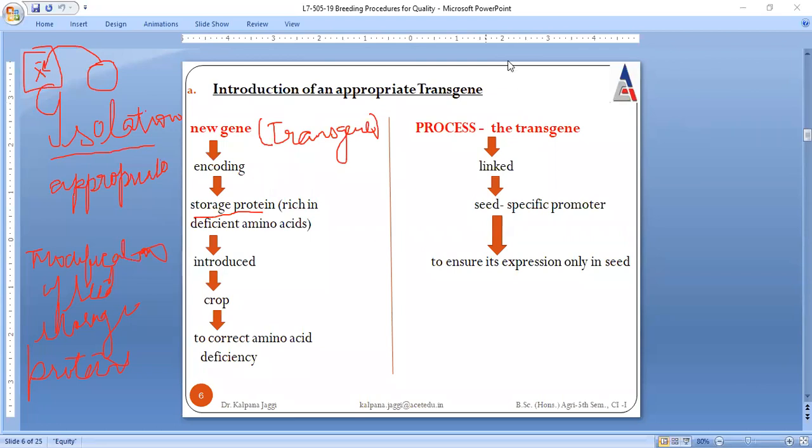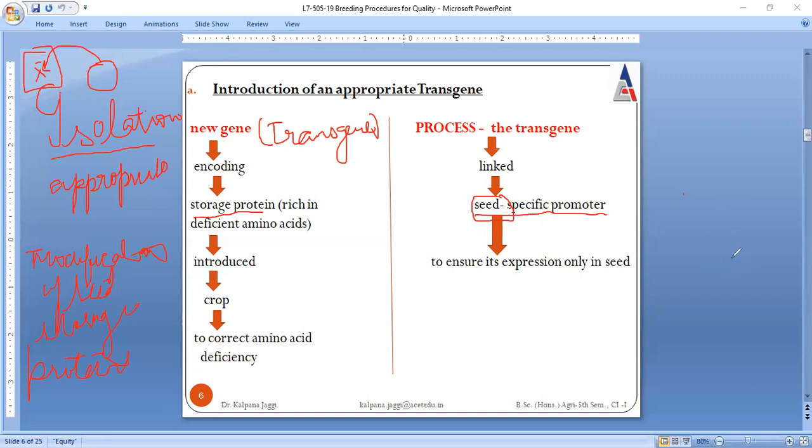But see, one problem that takes place is that whenever any gene is introduced, it may be expressed anywhere. So it is very important that whatever gene is introduced is always seed specific. It is always linked to a seed specific promoter, so that it is expressed only in the seed and no more expressed anywhere else within the plant.